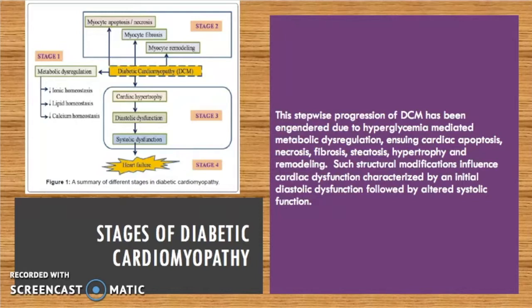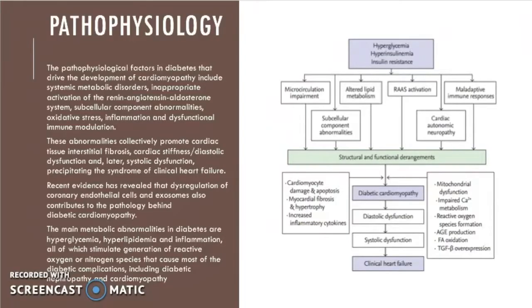hypertrophy, and remodeling. Such structural modifications influence cardiac dysfunction characterized by an initial diastolic dysfunction followed by an altered systolic function. The pathophysiological factors in diabetes that drive the development of cardiomyopathy include systemic metabolic disorders, inappropriate activation of the renin-angiotensin-aldosterone system, subcellular component abnormalities, oxidative stress, inflammation, and dysfunctional immune modulation.